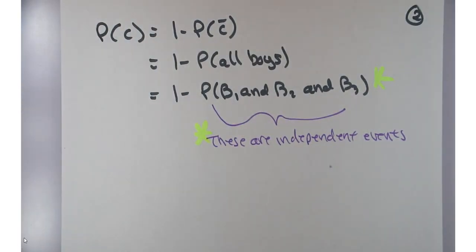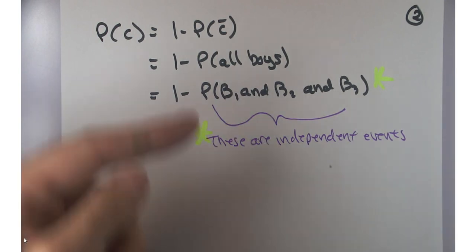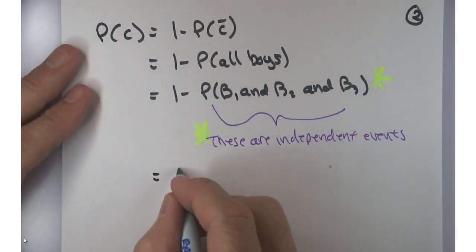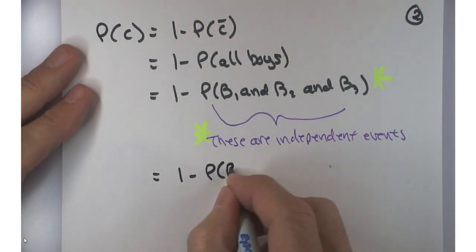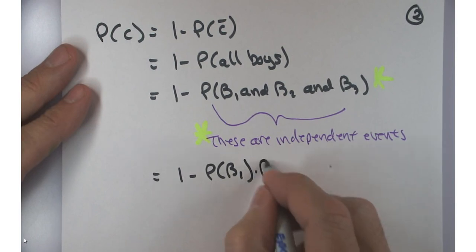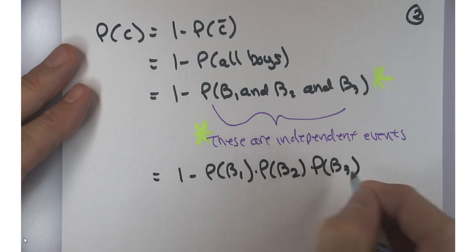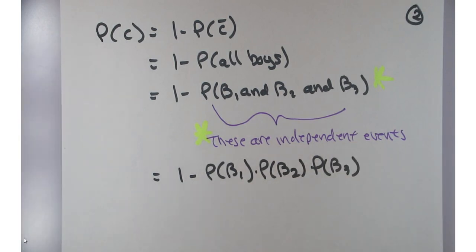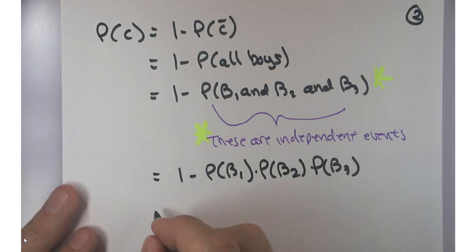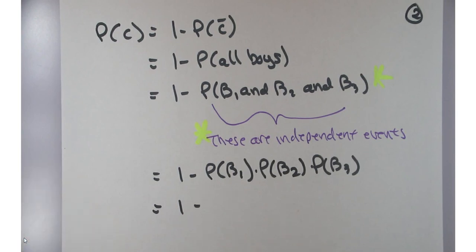Because what that means is I can change this to 1 minus the probability of B1 times the probability of B2 times the probability of B3. So I'm breaking this down from this big compound event into a bunch of little simple events. Steven, help me out here.